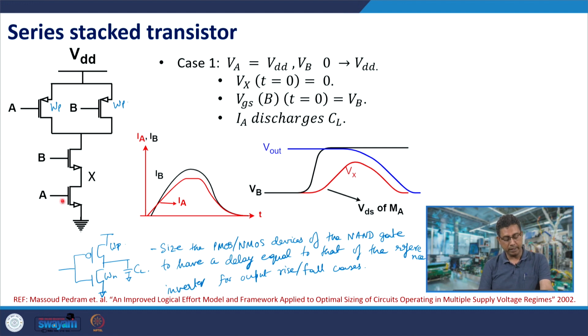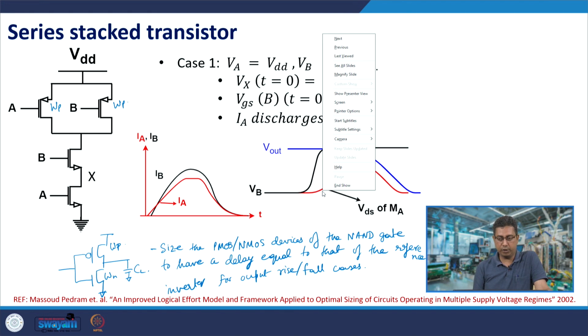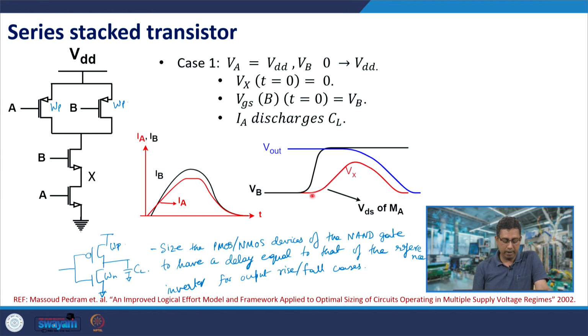That would result in a current IA also, because its gate voltage is at VDD and now its drain voltage has also increased a bit. So, that is what we see, that the value of Vx also starts increasing. At this point IA will also start assuming some value, so IB and IA both have a non-zero value here.